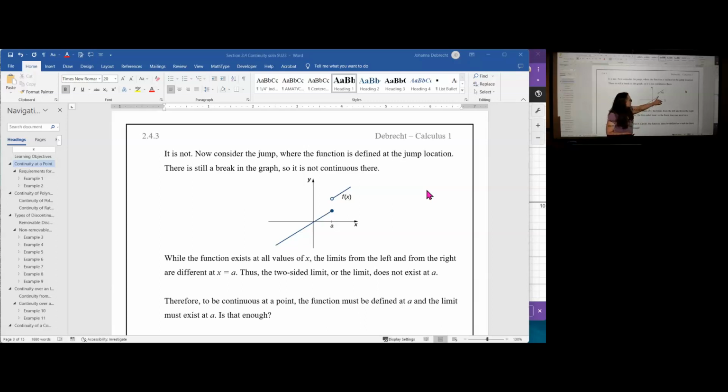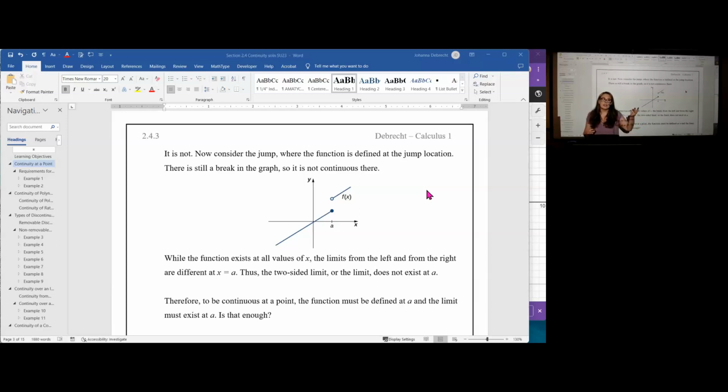We have a limit from the left, which is pointing at this y value, and a limit from the right, which is pointing at this y value. The two-sided limit does not exist because in a jump, we have different one-sided limits. So the problem with the jump, whether or not it's defined at one of the endpoints, is that the two-sided limit does not exist. So we know we need to require that the function be defined at the point.